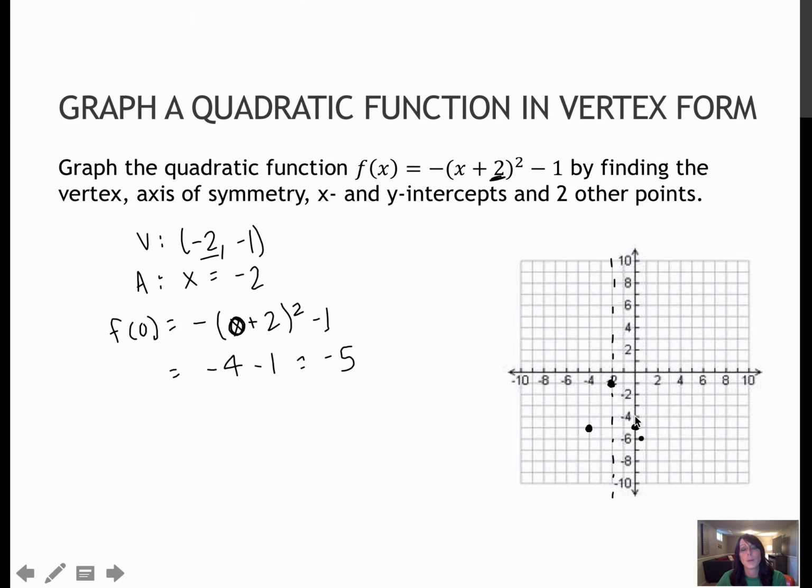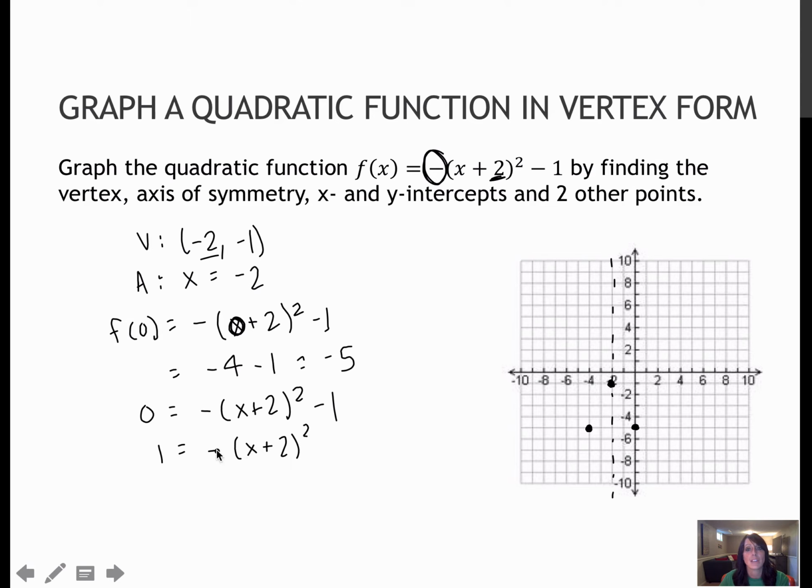Notice this one, the parabola is pointing down, and we can also check it with this sign. Since there's a negative on the outside, it will be pointing down. I can tell already what the graph is going to look like, but let's say I really want to find those x-intercepts, and I said 0 equals negative (x plus 2) squared minus 1. I would add the 1 to each side.